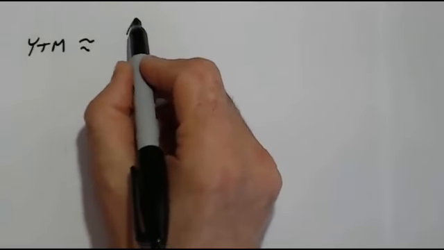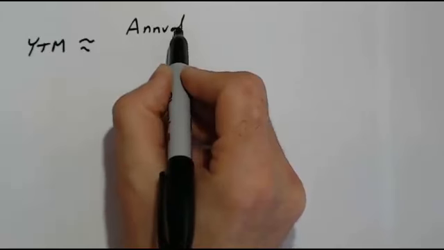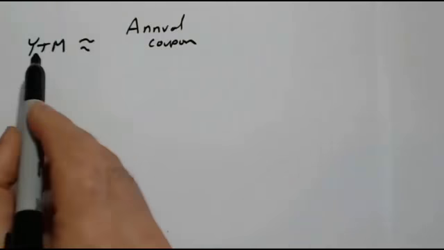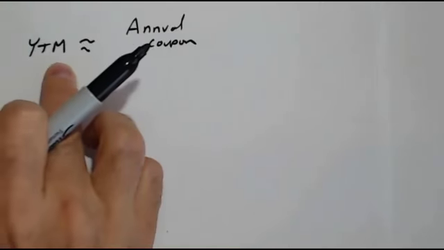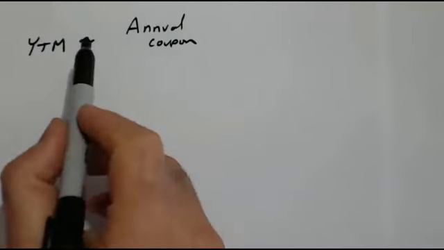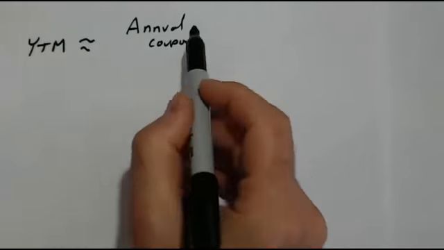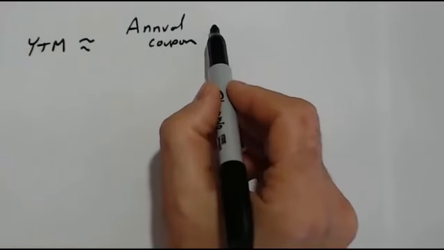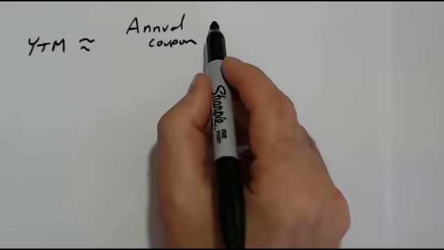And that formula is, you take the annual coupon, because remember I told you returns, which is basically what a yield to maturity is, and interest rates are always specified on an annual basis. So we want this yield to maturity on an annual basis. So we take the annual coupon, even if the bond pays semi-annually.